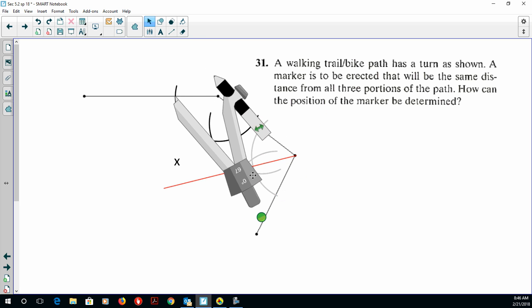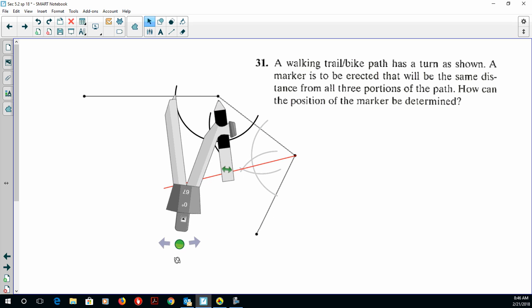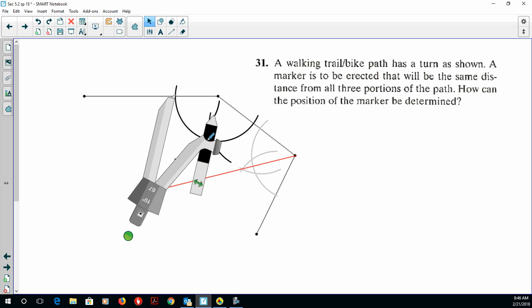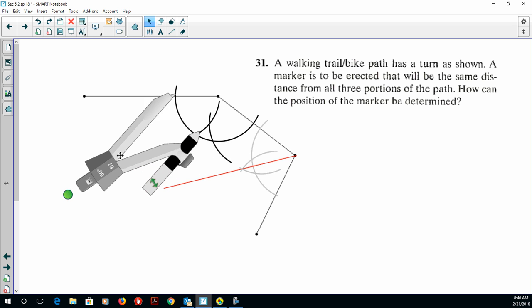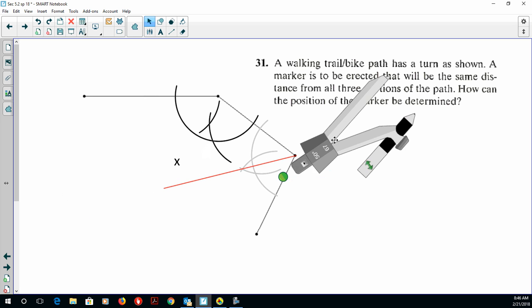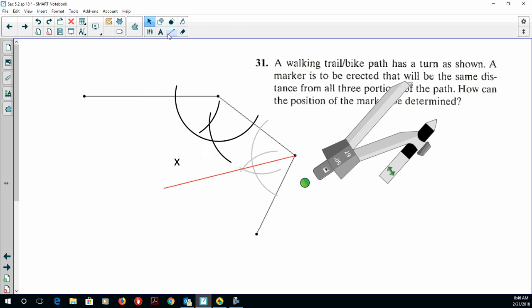Okay. And we're looking at the line through this and that intersection point we just found. Okay. So what this means is X marks the spot right there.